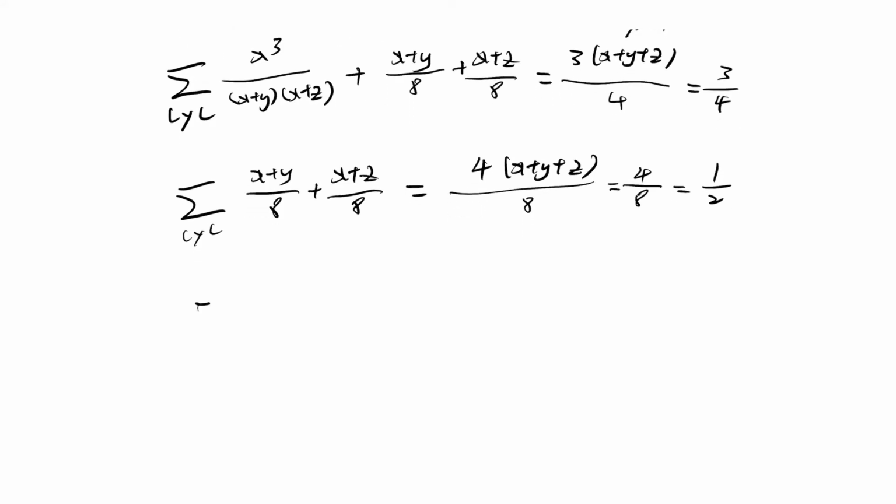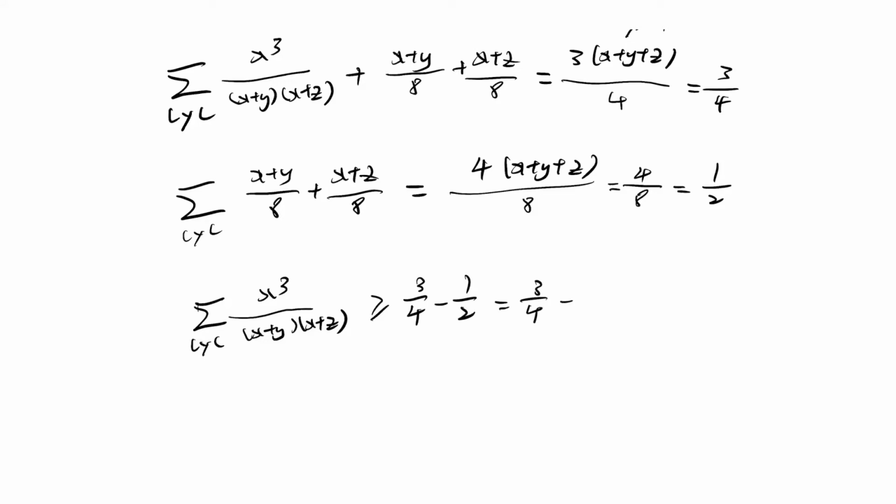Therefore, this expression, which is what we want to prove here, is larger or equal to 3 over 4 minus 1 over 2, which is 1 over 4. And equality holds when x equals y equals z.